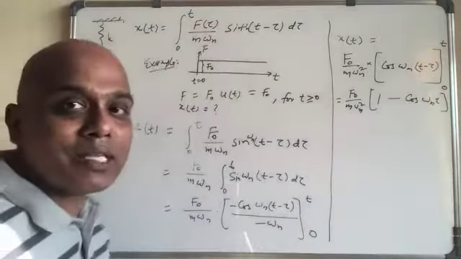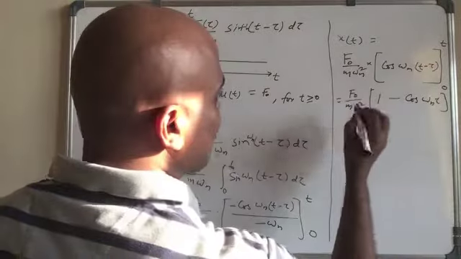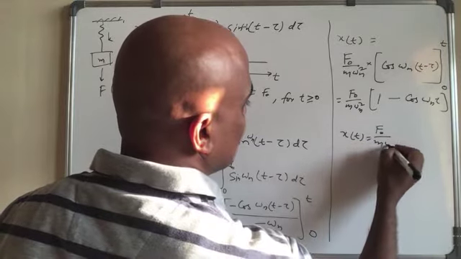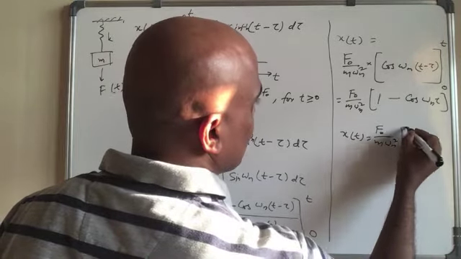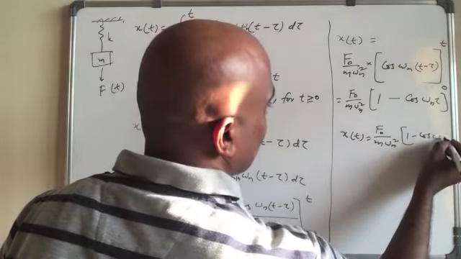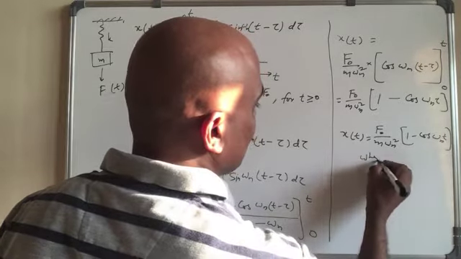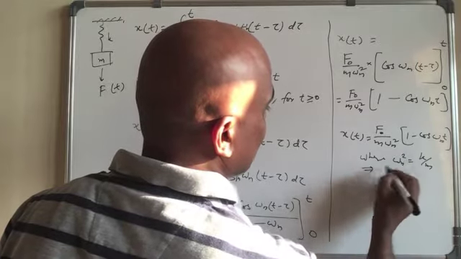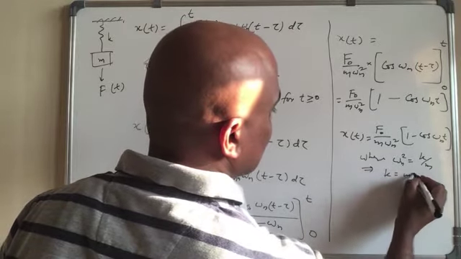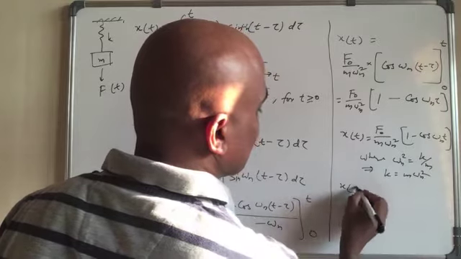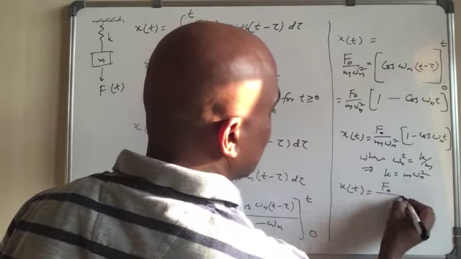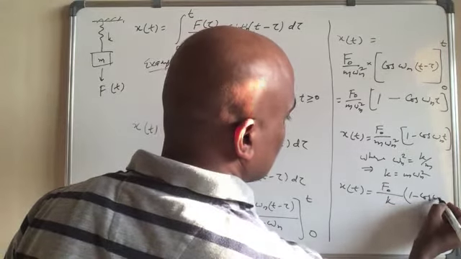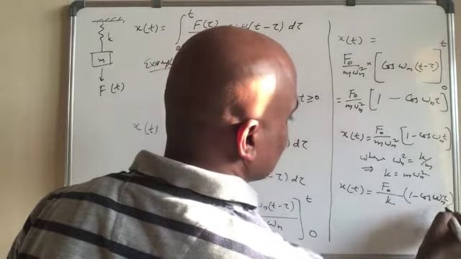Okay, this is what the solution we got yesterday. We got exactly this. We got x(t) equal to f naught over m omega n square, 1 minus cos omega n t, where we know that omega n square equal to k over m, or that really means k equal to m omega n square, hence x(t) equal to f naught divided by k, and then 1 minus cos omega n t.